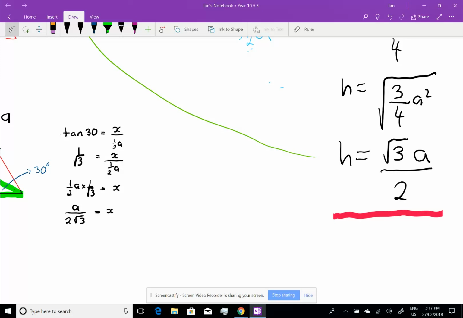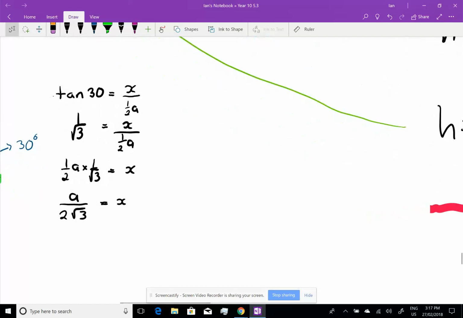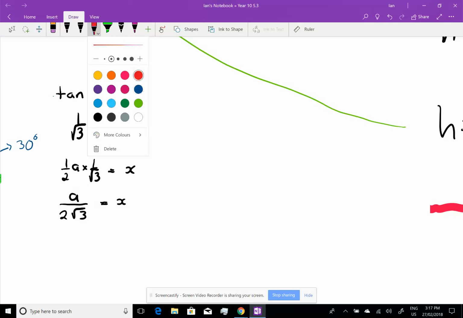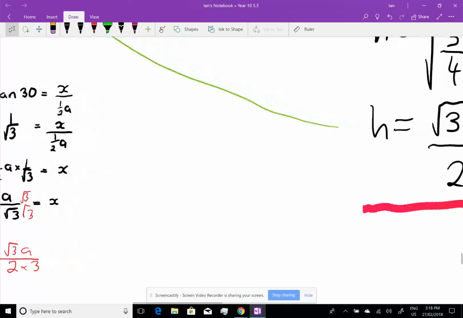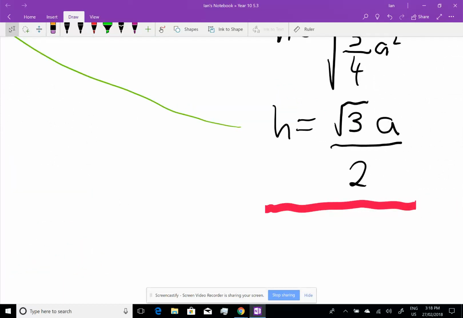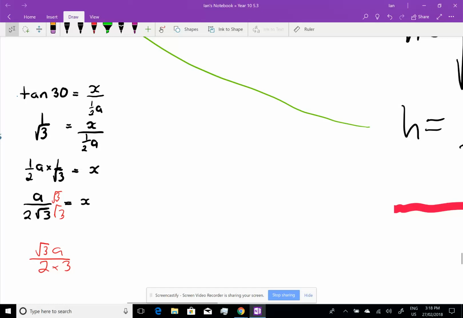Now you haven't done surds yet, but I can tell you that if I multiply this by root 3 on root 3, I will get root 3a. Root 3 times root 3 will be 3. I've specifically written it like that because it's the same as over here, except it's a third.